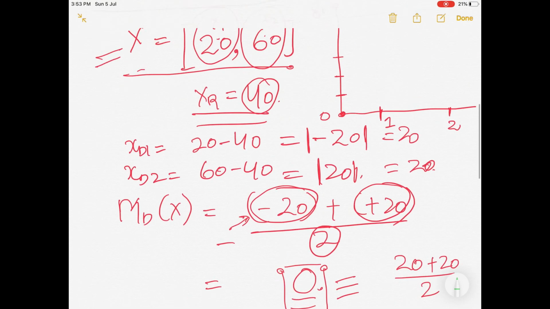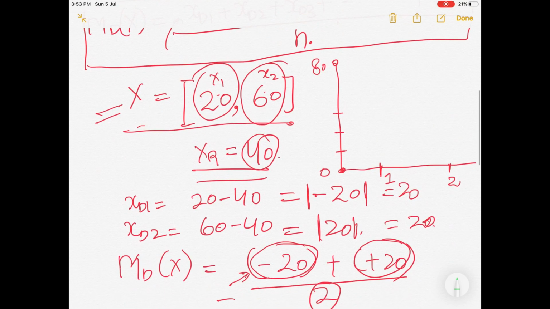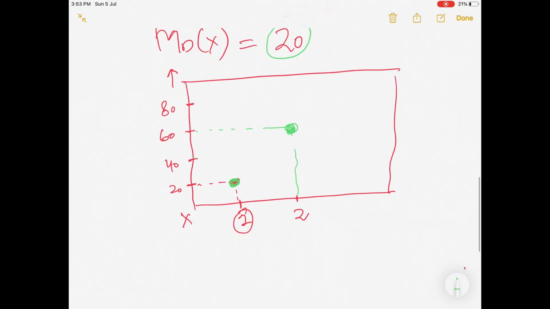Let's draw the midpoint, meaning the point about which we wanted to calculate this mean deviation, which is 40. So 40 will be somewhere here. This is the line of 40.